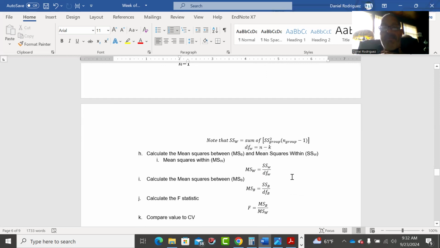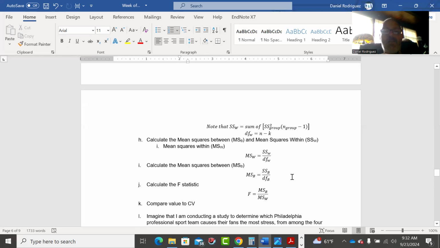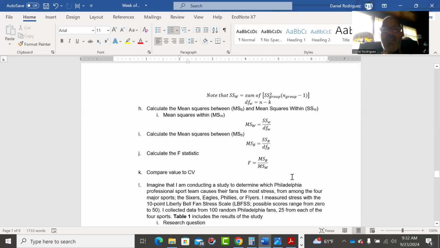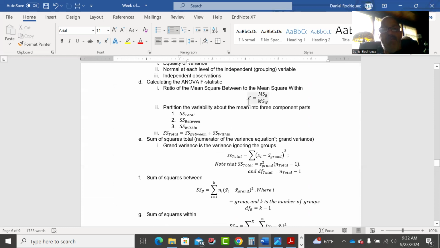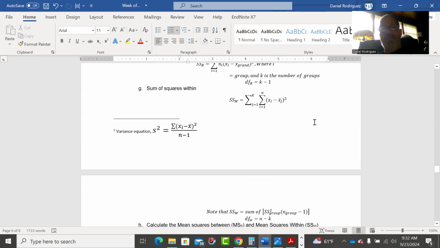Also, the degrees of freedom total equals the degrees of freedom within plus the degrees of freedom between, just like the sum of squares total equals the sum of squares between plus the sum of squares within. So if we went back and looked at our F statistic, it was mean square between divided by mean square within.